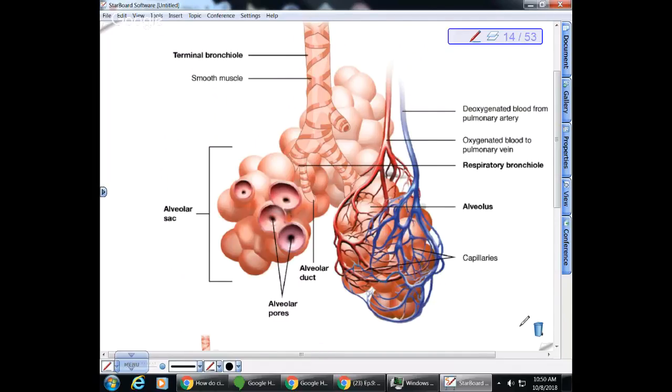You'll also notice that the capillaries surround the alveoli. These are the capillaries of the pulmonary vessels, the pulmonary artery carrying blood in and the pulmonary vein carrying blood out.